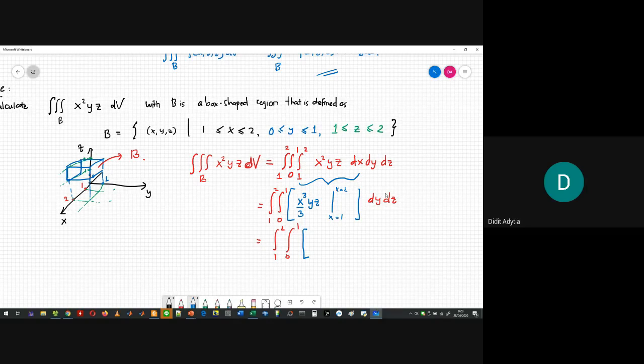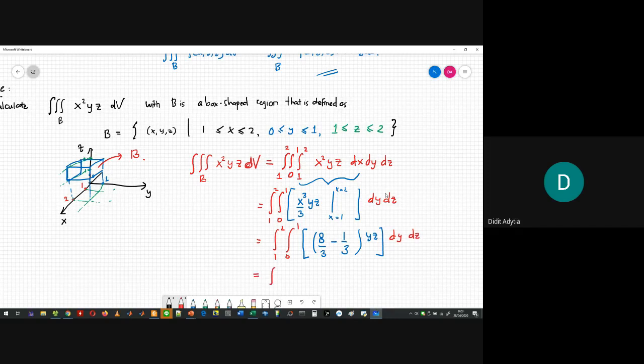X-nya sama dengan 2. 2 pangkat 3, 8 ya. 8 per 3. Oke. Saya keluarkan YZ-nya. Ini 1 berarti dikurang 1 per 3. Oke? Semuanya ngerti nggak ini? Ngerti ya? And then this one is still the same, dy dz.